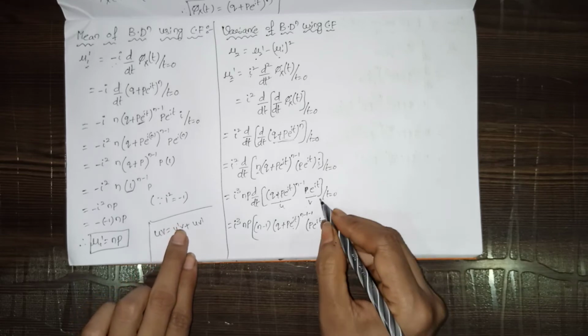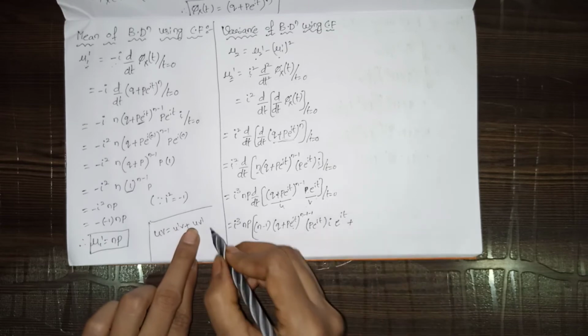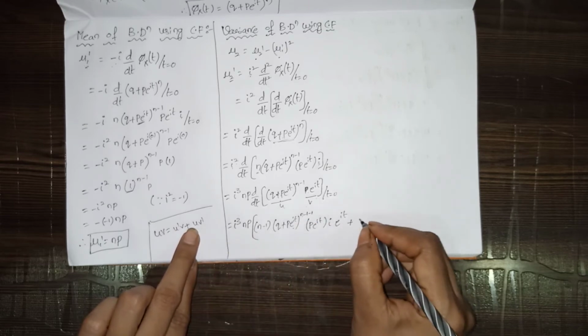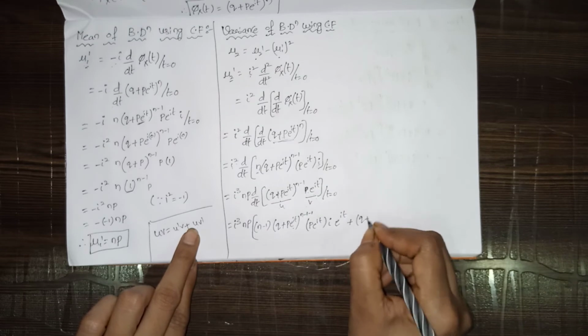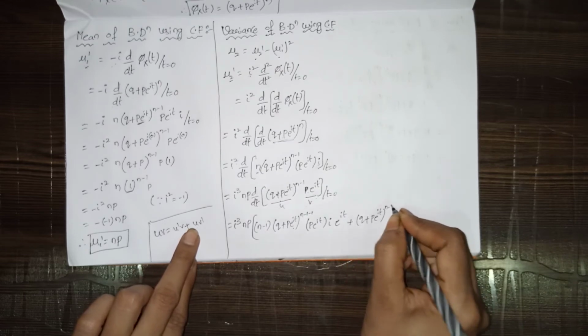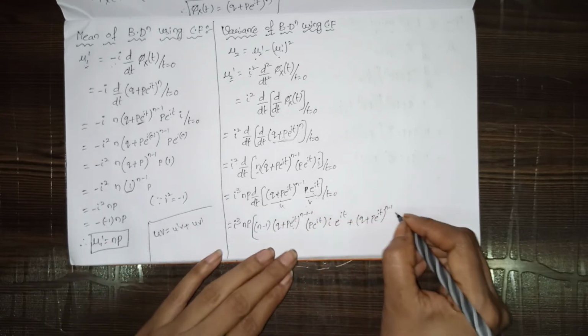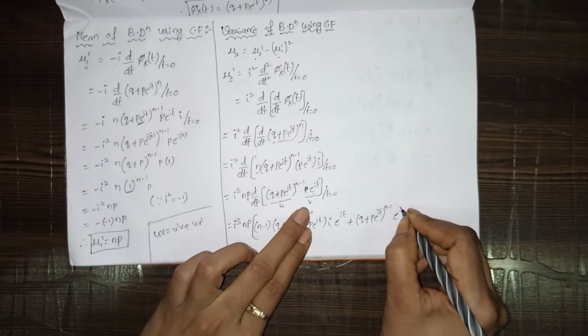Now we have to write v as it is, e power it, plus now we have to write u as it is, so q plus p e power it whole power n minus 1, and v dash we have to do, e power x is e power x, e power it.